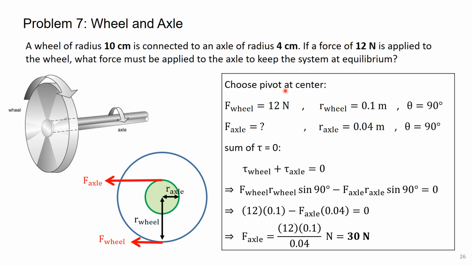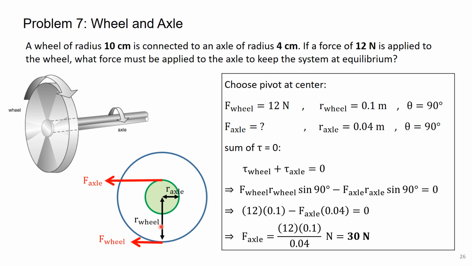In both these cases, it's easier to calculate the torque around the pivot at the center, because if you choose the pivot at the center, then the radius just becomes the same as the R value.